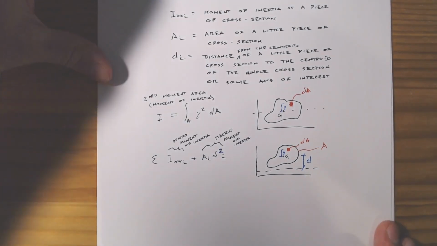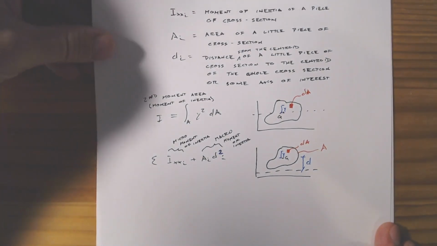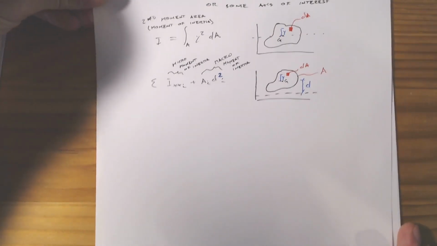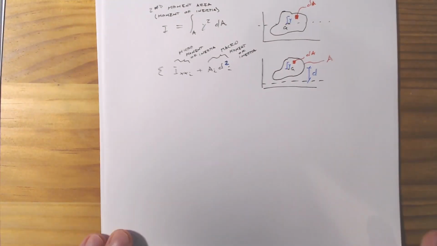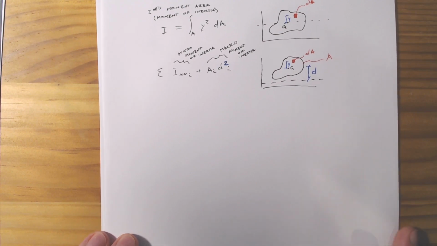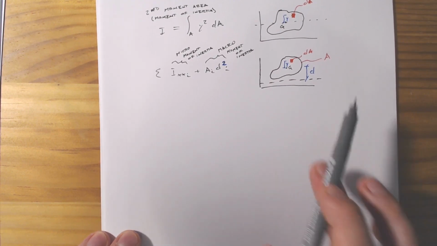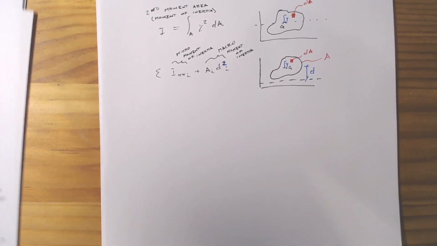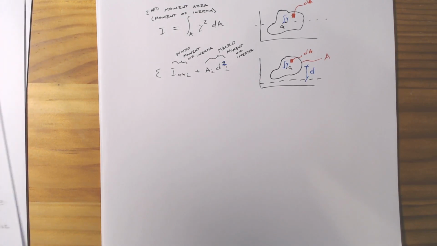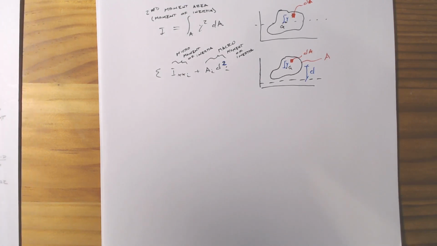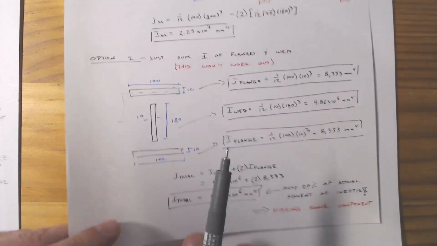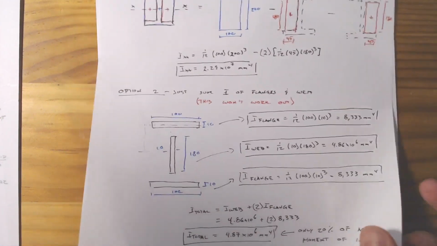So I think we'll skip on to an example and show how this would work for a rectangle about an axis which is different than its main axis, and then we'll go back and have a look at a couple of examples, we'll revisit this example here.